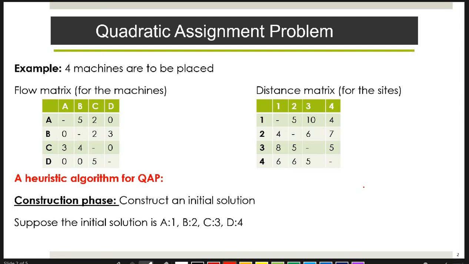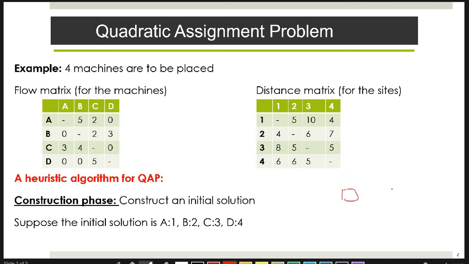In all the previous examples, P-center, P-median, capacitated and uncapacitated facility location, and covering, we didn't consider such interactions. In the quadratic assignment problem, we will consider this case.